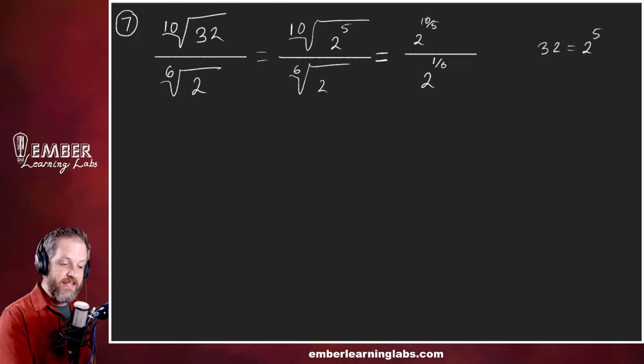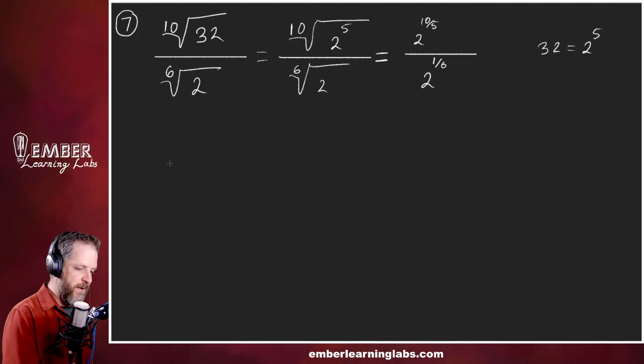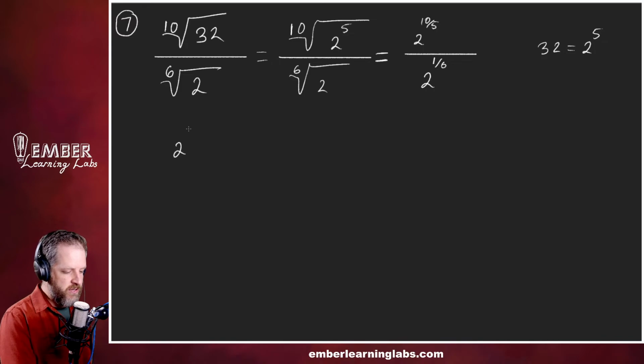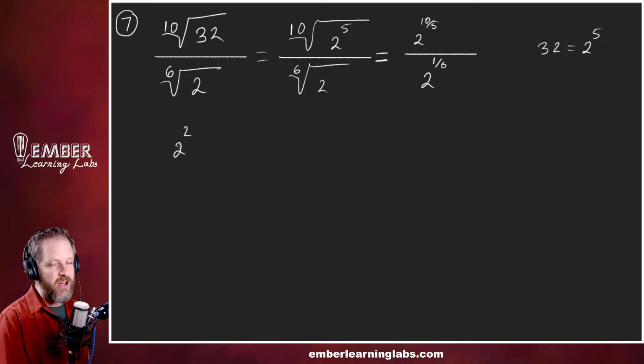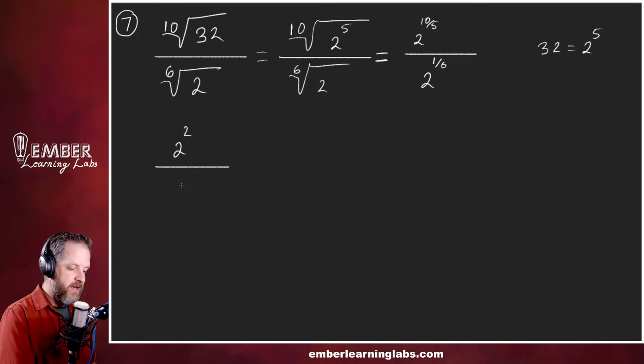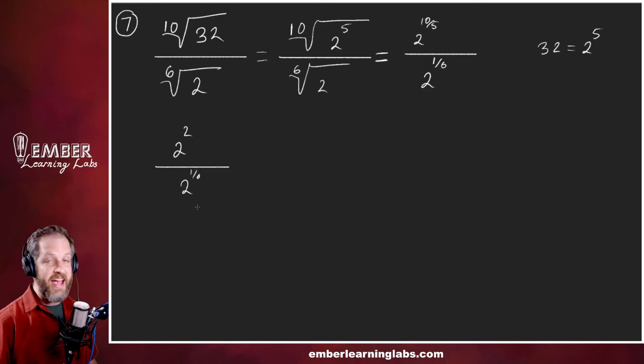So now we can turn 10 fifths into 2, because 10 divided by 5 is 2. So this will be 2 squared, although we're not going to turn that into 4 yet, because then our bases wouldn't match top and bottom. Now if we have like bases divided, what do we do with those exponents?